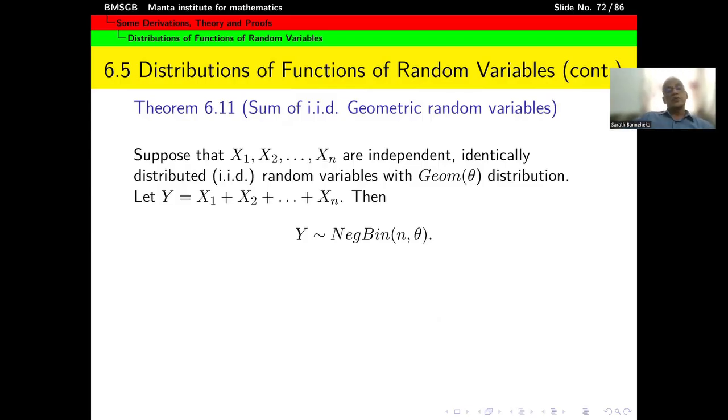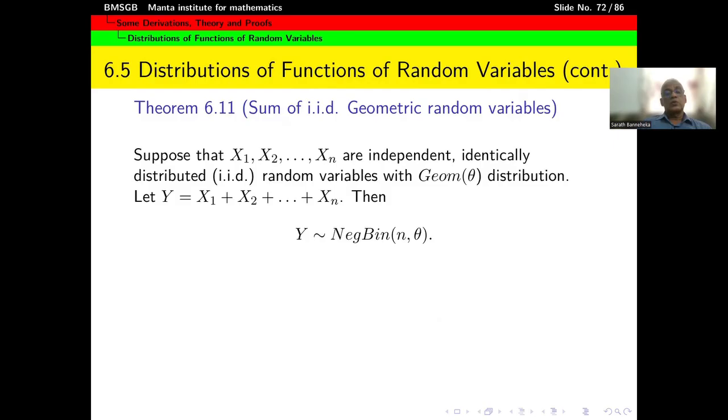The next result: suppose you have again IID geometric random variables. X1 up to xn are independent and identically distributed geometric random variables. That means all of them have the same distribution, and therefore they all have the same moment generating function as well.